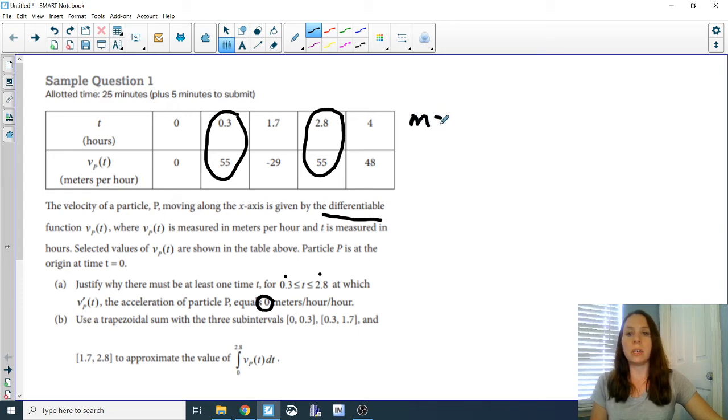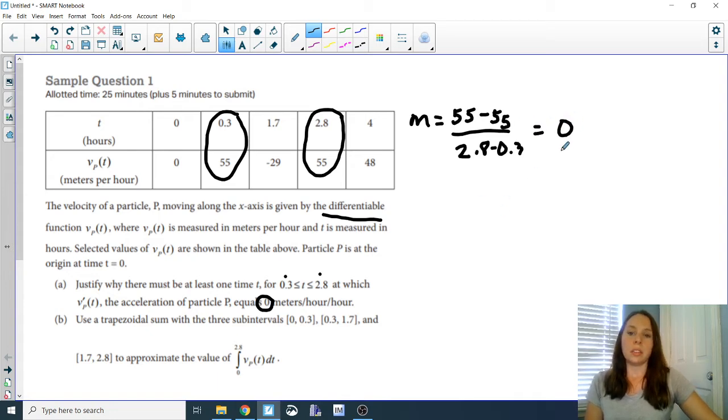I always like to say to my students, y2 minus y1 over x2 minus x1, because they're used to hearing that formula from algebra class. In this case, that would be 55 minus 55 over 2.8 minus 0.3, which is 0.